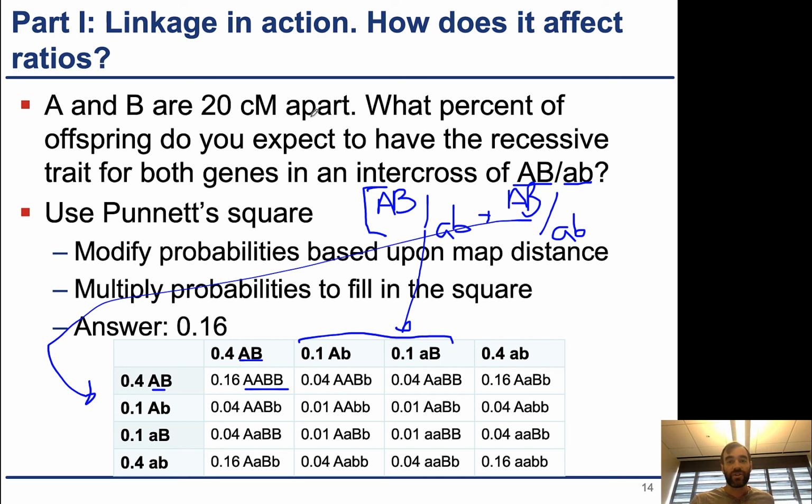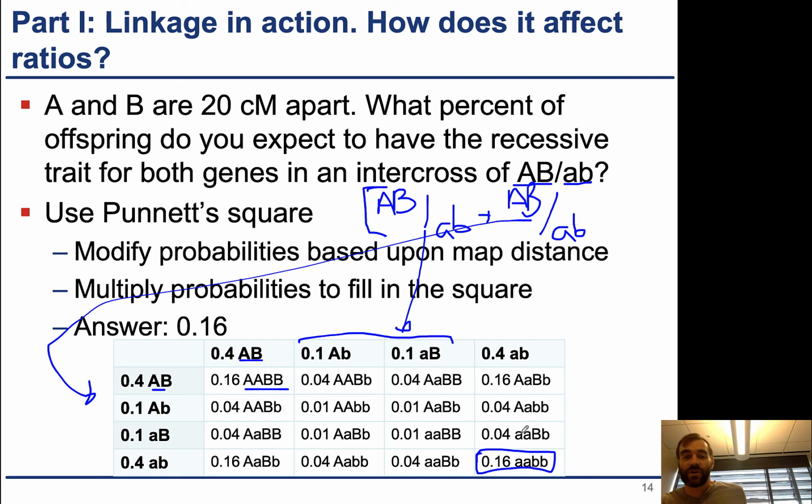So the original question is, what percent of offspring do you expect to have the recessive trait for both? And so the answer to this is just this part of the square. So this is the only individual that is recessive for both traits, and so the answer to that is 0.16. And so there's a 16% chance, or 16% of the individuals will be recessive.